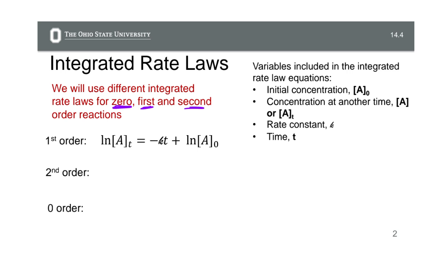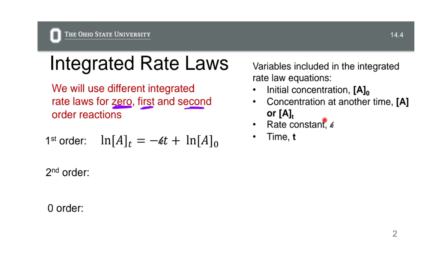For each of these, we see these integrated rate laws, which you will get on the exam. You see 4 different variables. We see an initial concentration, so that's [A] sub 0, the concentration of A, where the 0 stands for initial. You may also see sub i. Then the concentration at another time is just [A], or sometimes [A] sub t.